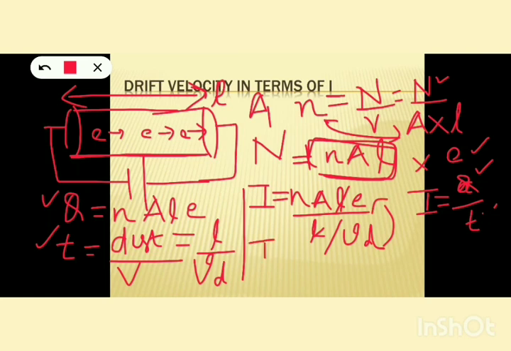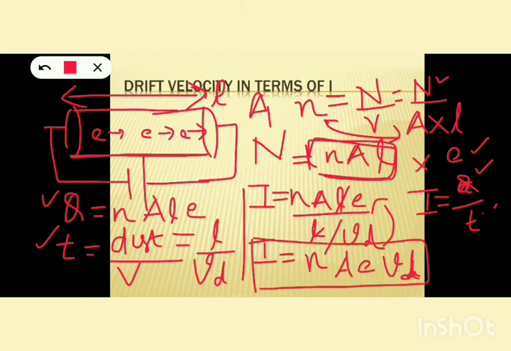So we have I = nAe Vd. Here on the LHS we have current I, and on the RHS we have drift velocity Vd. So this is the expression relating drift velocity Vd and current I: I = nAeVd.